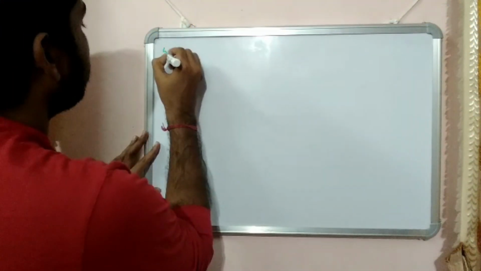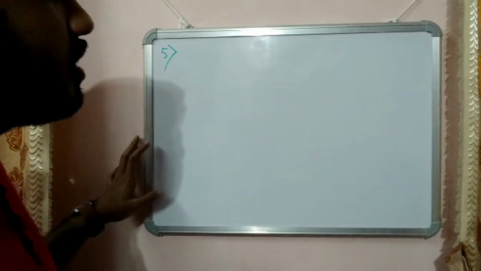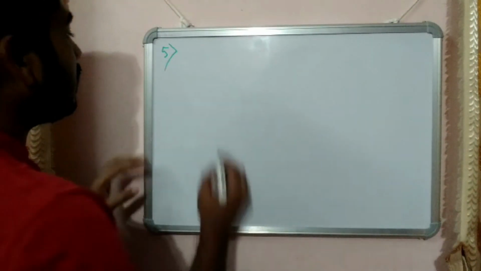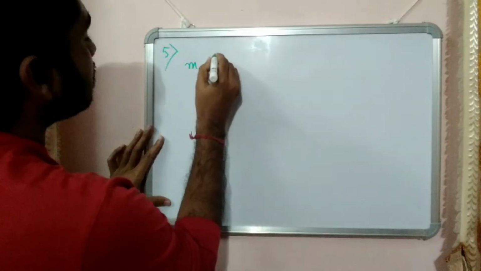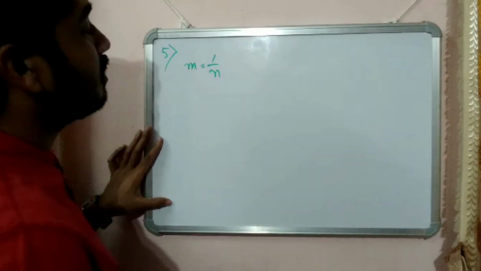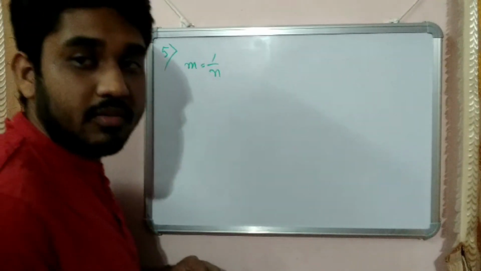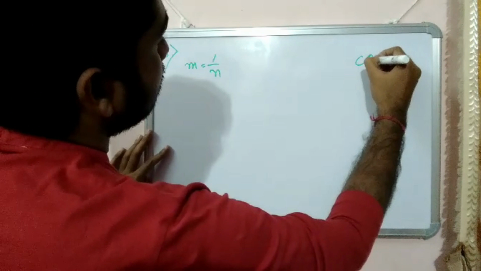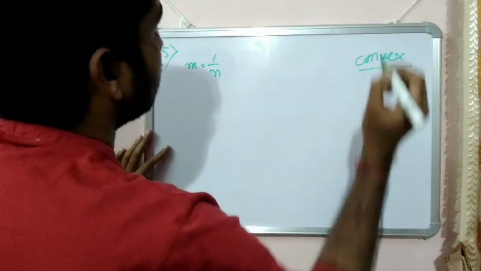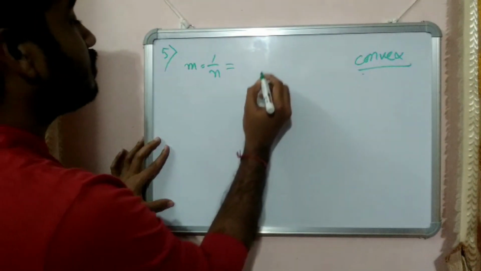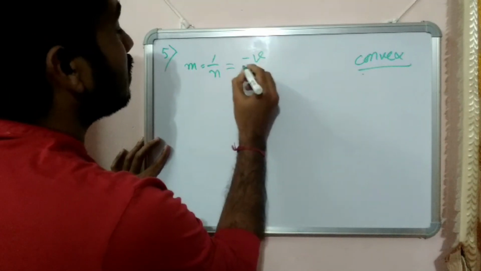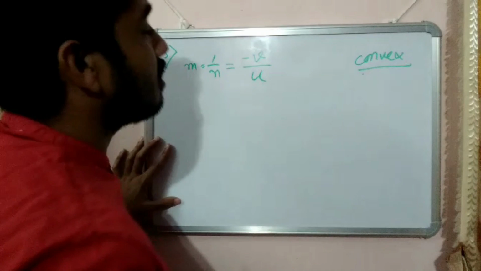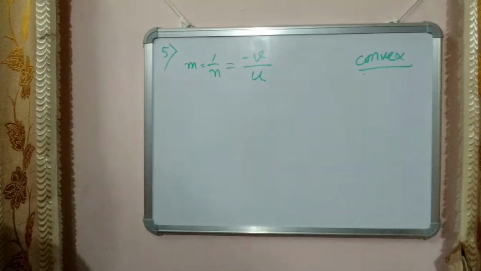In question number 5, we have to find the object distance. Here it is given that magnification is 1 by n times. So if magnification is 1 by n, then for the convex lens it is equal to the ratio of the image distance to the object distance.